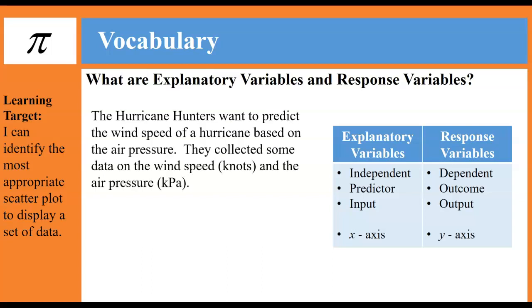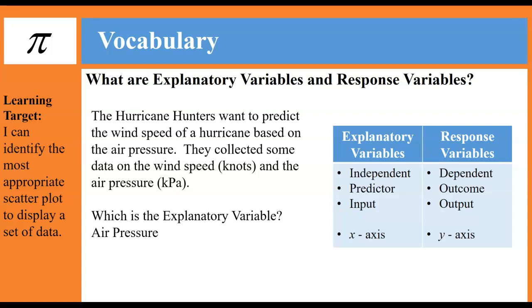So let's take a look at this situation. The hurricane hunters want to predict the wind speed of a hurricane based on the air pressure. If I want to predict something based on the air pressure, that means I know the air pressure, and I need to know what the wind speed should be. Because it's something that I know, or want to use to make the prediction, the explanatory variable is the air pressure.